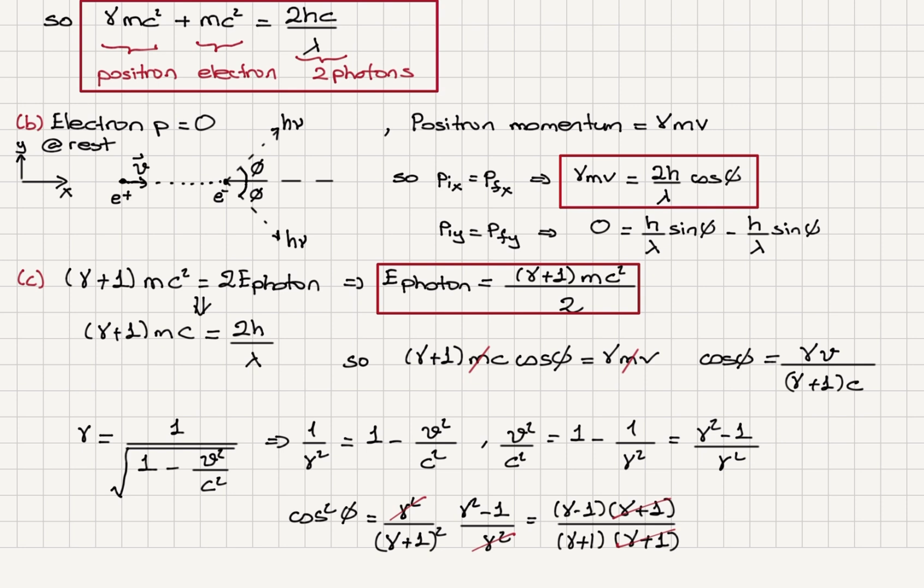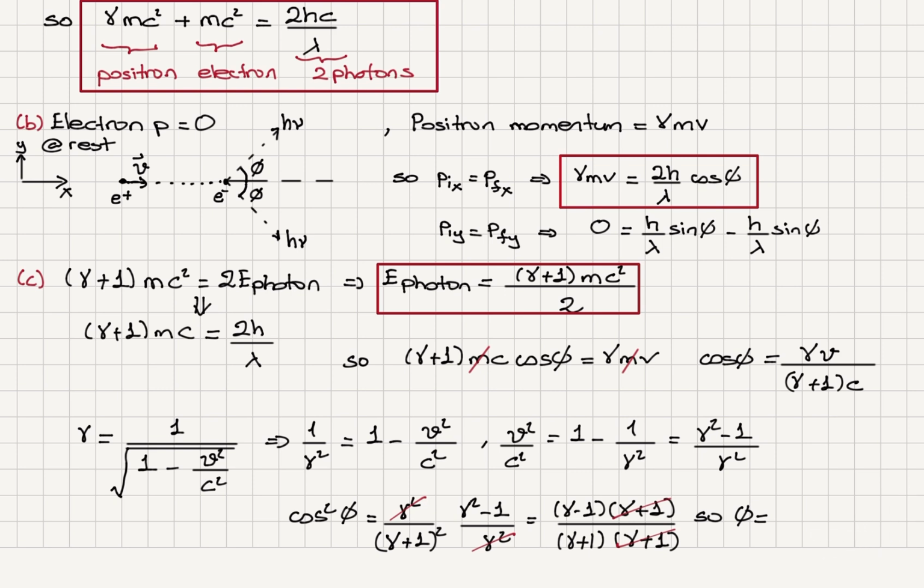So we're going to get phi, the angle, to be square root of gamma minus 1 over gamma plus 1, that's cosine phi. So this is going to be cosine inverse of this. So let me rewrite it.